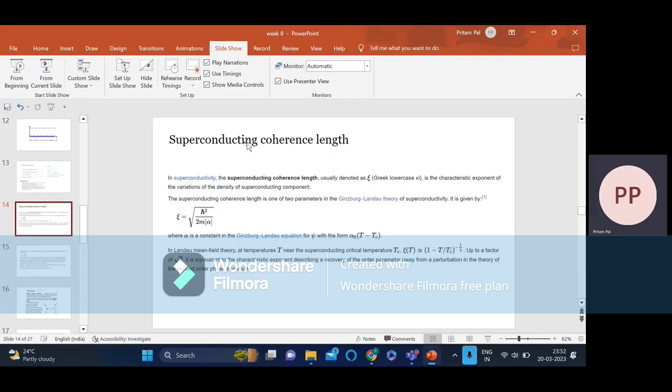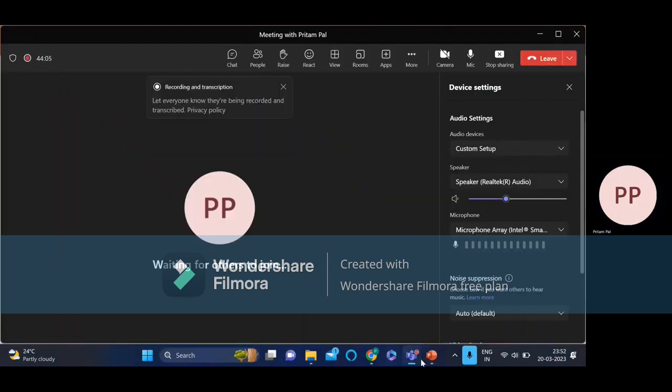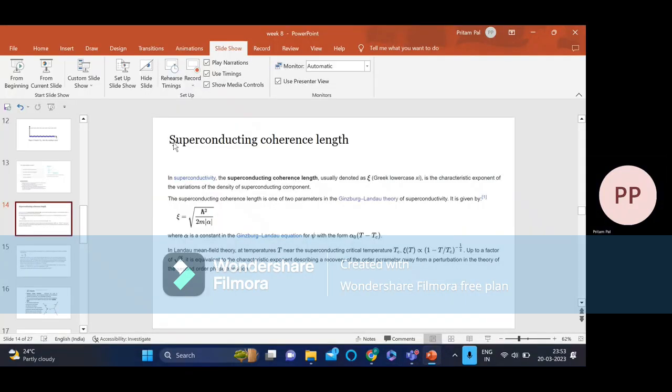So, this is the superconducting coherence length. In superconductivity, the superconducting coherence length, usually denoted by xi, is the characteristic exponent of the variation of the density of superconducting component.